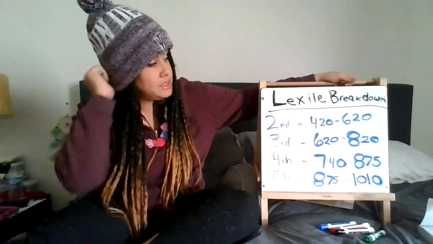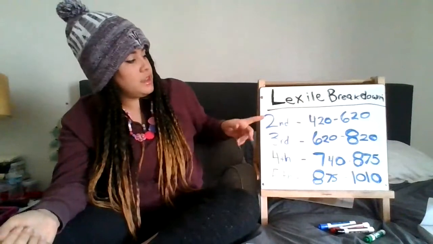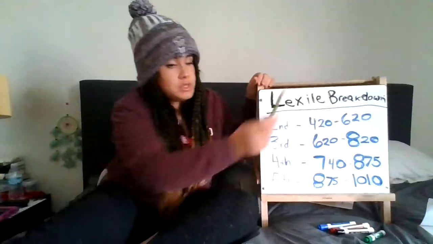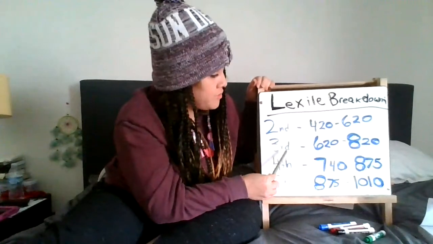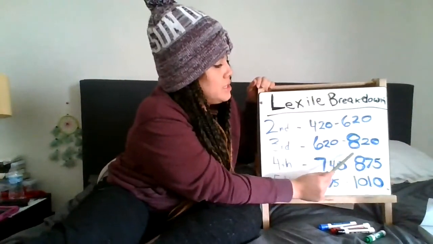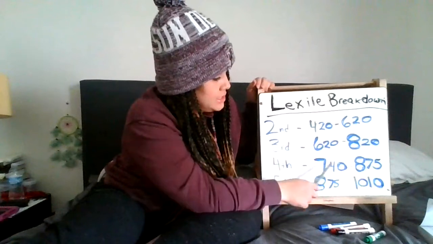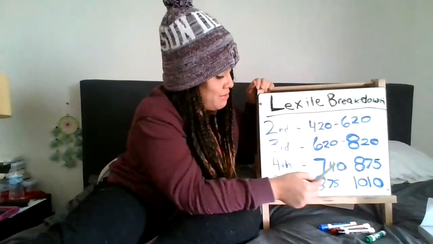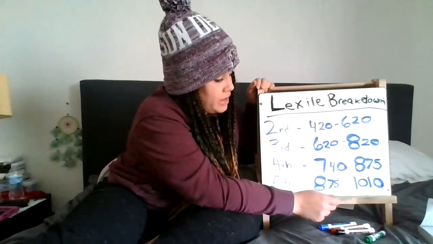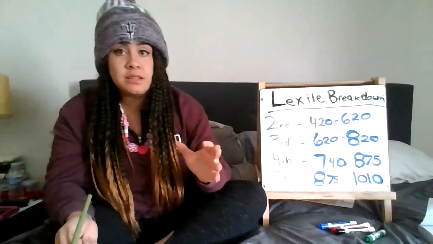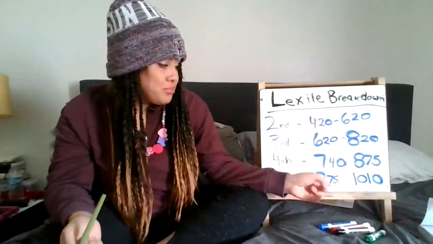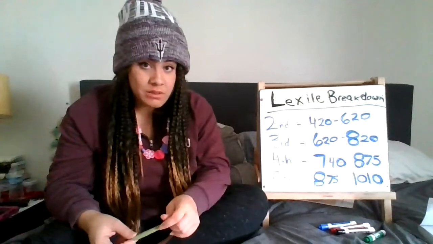If you are a 2nd grade student, you should be reading books that are level 420 to 620. If you're in 3rd grade, it should be about 620 to 820. 4th grade is 740 to 875, and then 5th grade is 875 to 1010. But my biggest thing for my 5th graders is I usually print out a text that's like a 6th grade level.